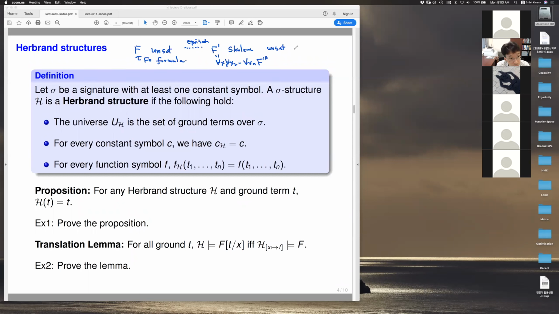But then we're going to study the Herbrand theorem, and we're going to prove it today.